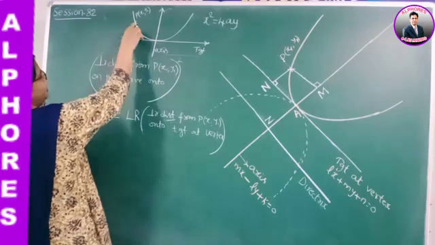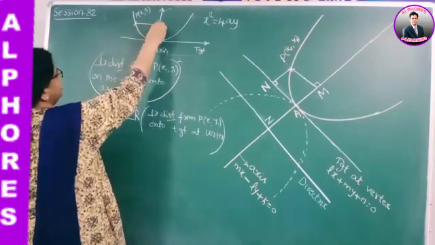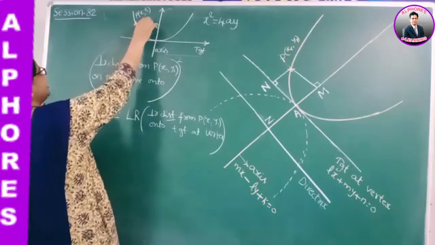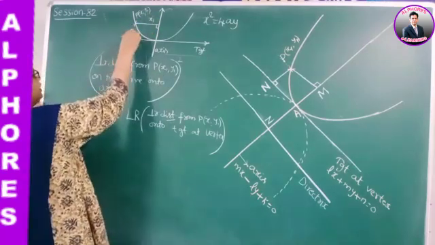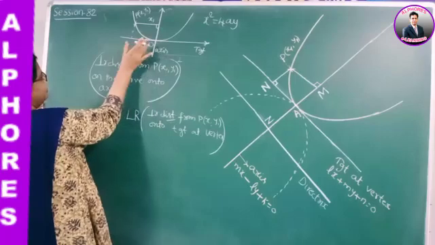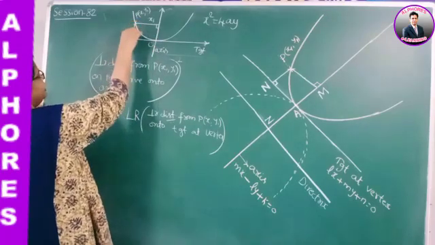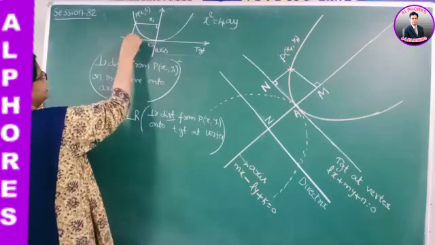Now from the point P of x1 y1 I am taking the perpendicular onto the axis. Then what about this distance? It is nothing but x1, because this is the origin and thereby this part is our x1 value. And what about the perpendicular distance from P onto the tangent at vertex?